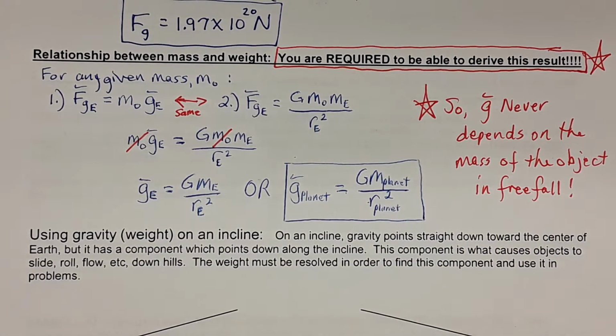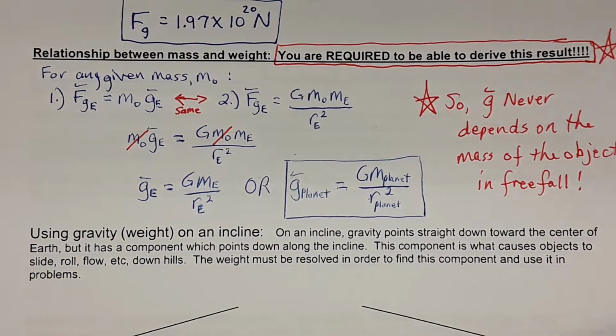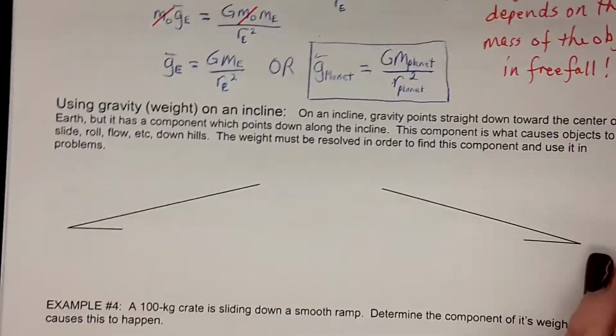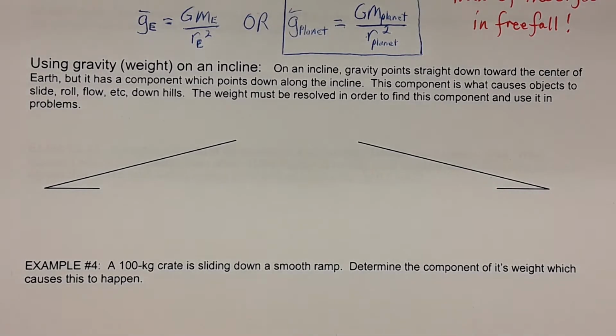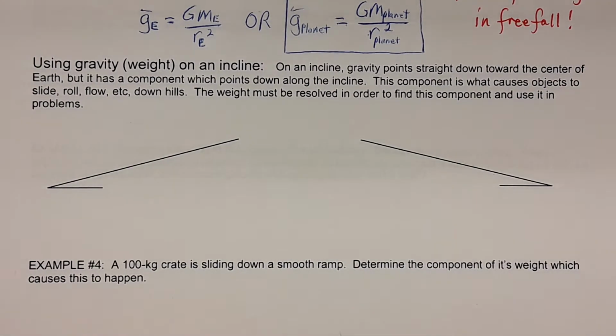All right, now, another situation we need to look at, because this pops up quite often on the AP exam. And that's because, unfortunately, not all surfaces are completely horizontal. Many surfaces are inclined. So once again, we have to think about what's going on an incline.